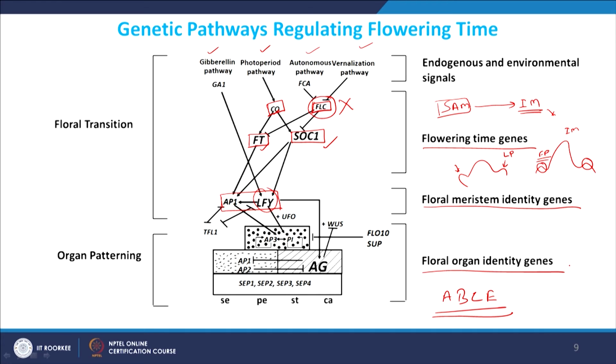And another important thing, if you look here, all these genes are getting activated later on by LEAFY and AP1. AP1 is getting activated by LEAFY. AP1 is a dual function gene.